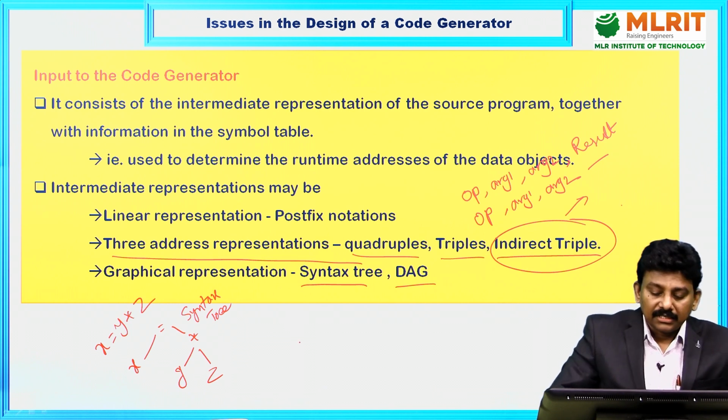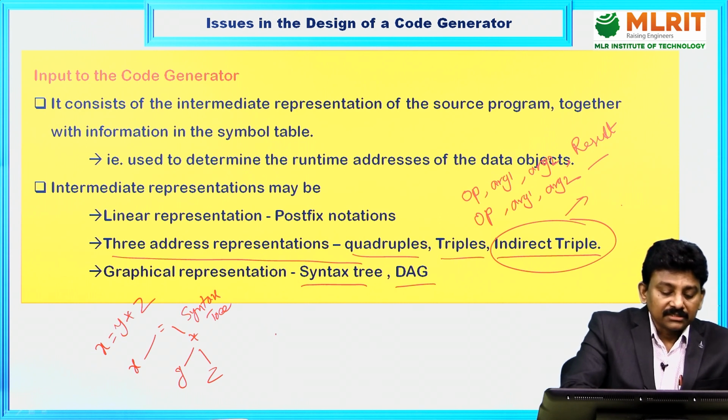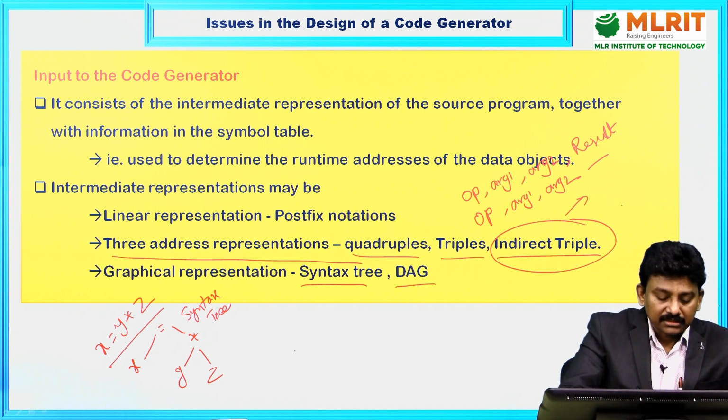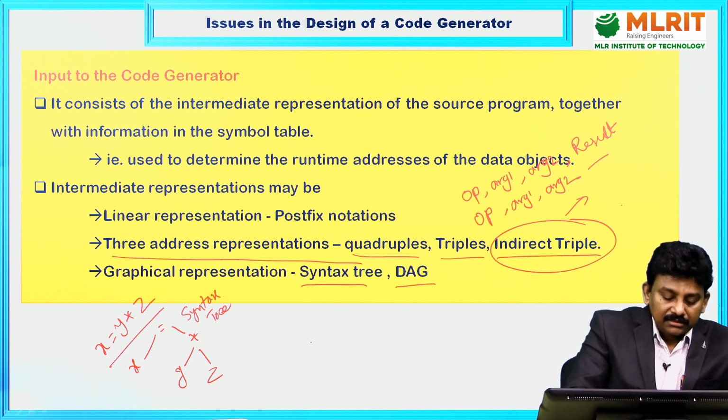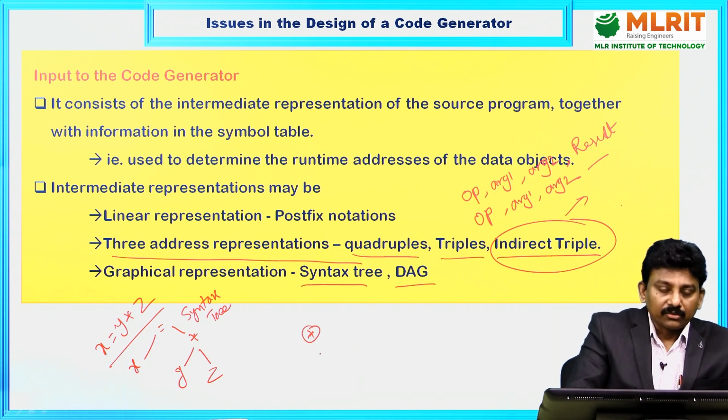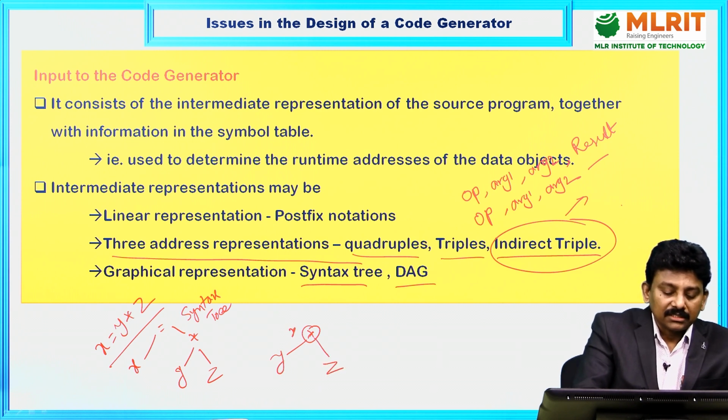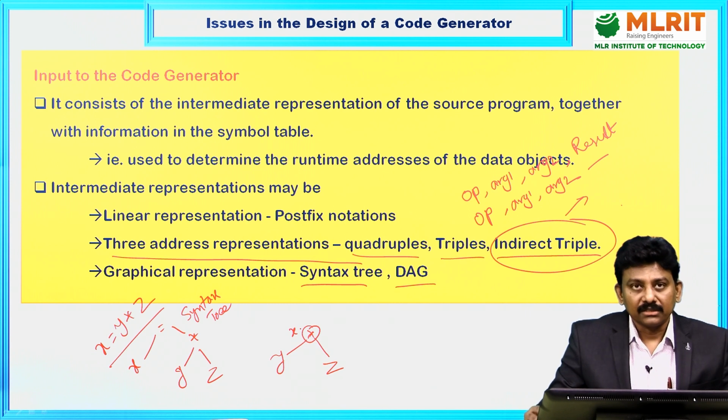Then DAG. DAG is also representing intermediate statement, that is 3 address statement. If you take the same x is equal to y star z, star is an interior node, left child is y, right child is z, and result is represented as a label to the interior node.